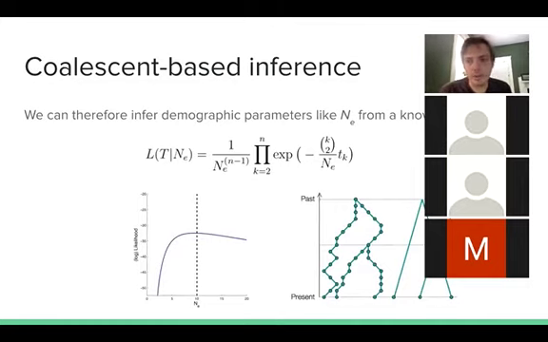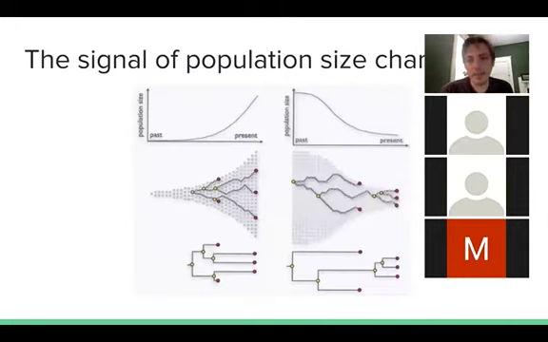So we could use this basic theory to estimate things like the effective population size, and even how population sizes were changing over time. We could estimate growth or decline in a population over time from how the timing of the coalescent events was distributed over time.